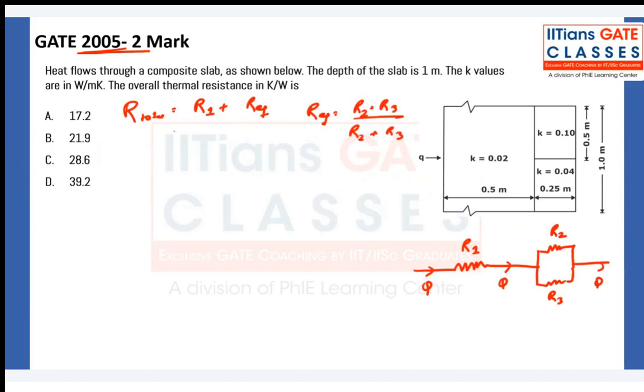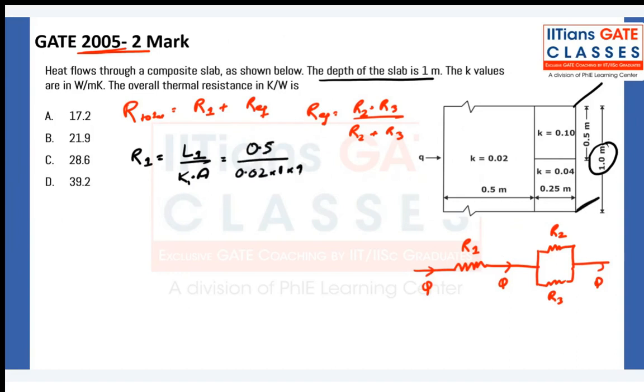Okay. So let me find out. What is R1? How can I calculate R1? R1 is equal to L1 upon K1 area. And the depth they are saying is 1 meter, that is, height and depth is 1 meter. So area is 1 into 1. L1 is 0.5, K1 is 0.02, and area is 1 into 1. So calculate how much it is. Then R2 is L2 upon K2 area.